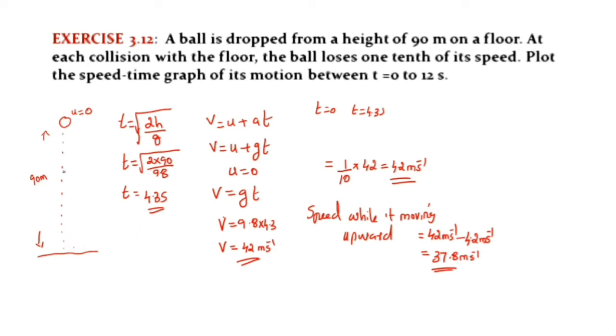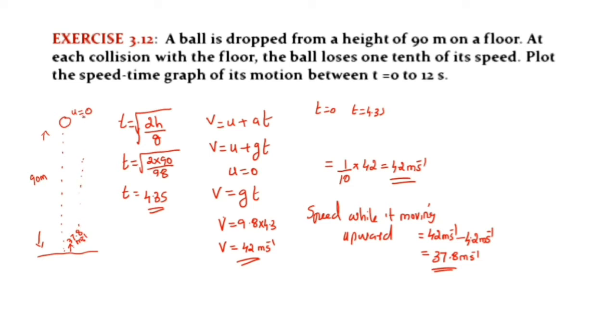See, the ball is coming down, hits the ground. Just before hitting the ground, the velocity becomes 42 meter per second, and after that it is going upward by reducing 1/10 of speed. So here the ball is going up with a speed of 37.8 meter per second. Now again the ball will go up, correct?